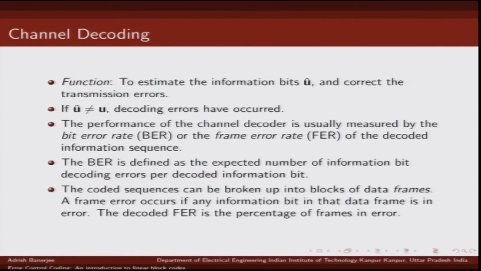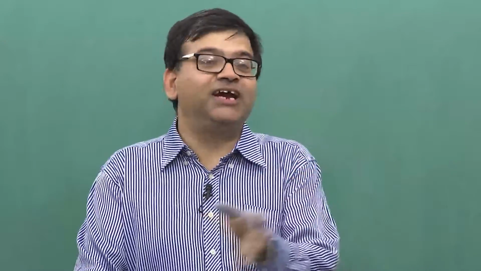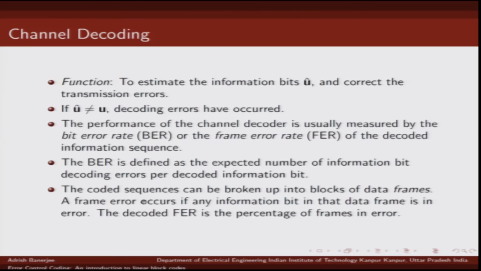Similarly, in packet data communication, if any of the bits in the packet is in error, we say the whole packet or frame is in error. Frame error rate is defined as the number of frames in error divided by the total number of packets transmitted. It is the percentage of frames that are in error.